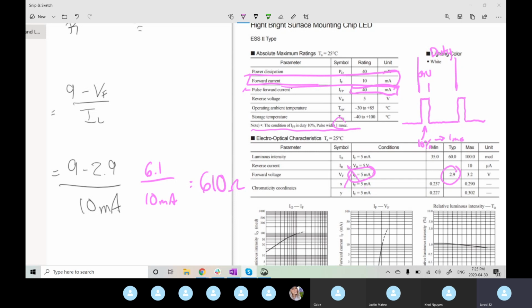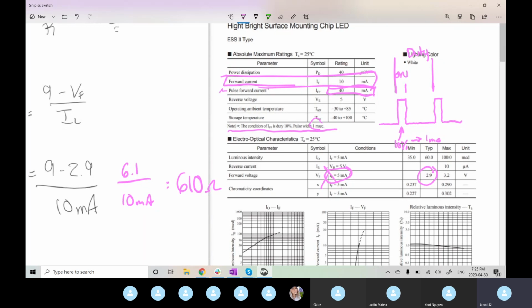So for LEDs, almost all LEDs, you'll be able to find the values that you actually need just from the very first page. Take it as the forward current of whatever, and then you'll be able to find the forward voltage. And you generally want to go with the typical values, because that is its nominal.